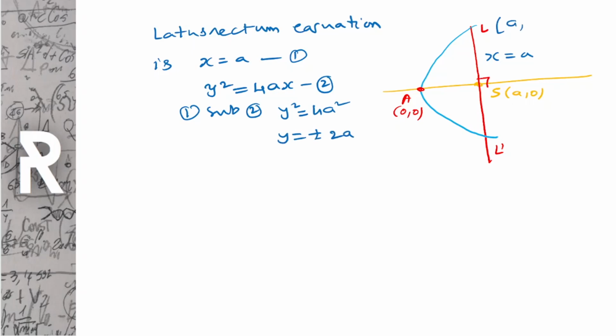That means L has coordinates (a, 2a) and L' has coordinates (a, −2a).